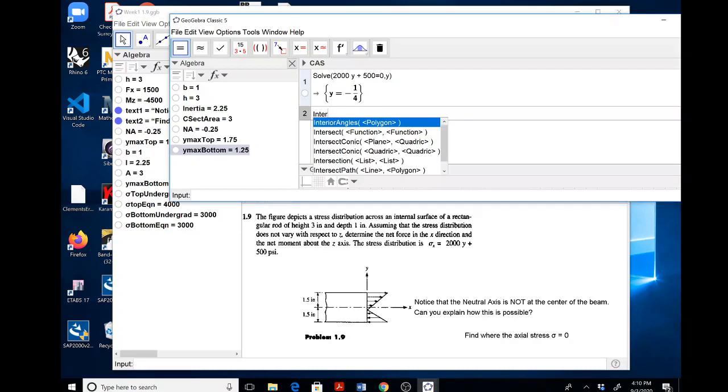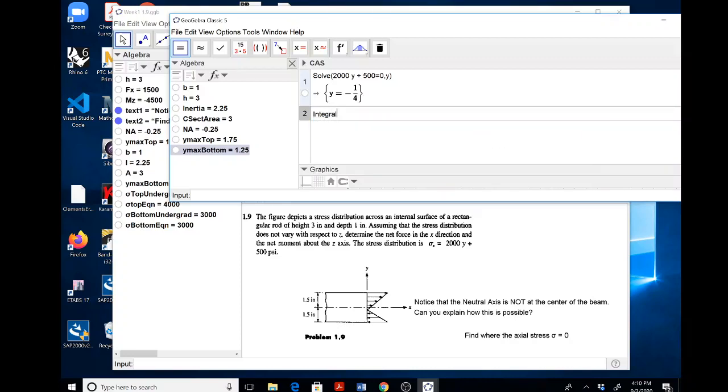Let's have the robot do the integral here. So the integral of, and now what am I integrating? So there's my integrand. It's going to be b.